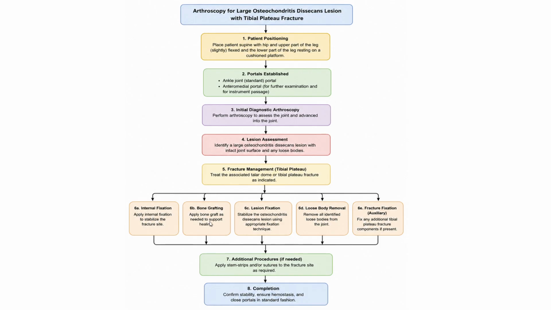He may perform the bone grafting and he may perform the lesion fixation, or he will remove the loose bodies and fracture fixation is done. If any additional fracture fixation for the tibial plateau is needed, it is also done. Okay, additional procedure, any like strips he will apply for the closure and the completion of the procedure, that's all. Okay, this is the repair with the help of the fixation.